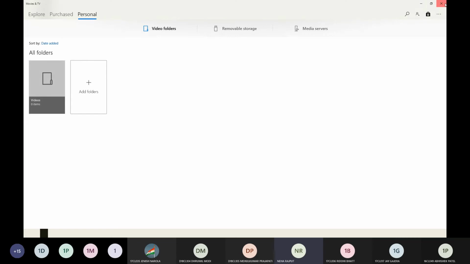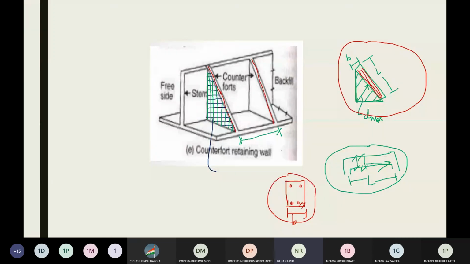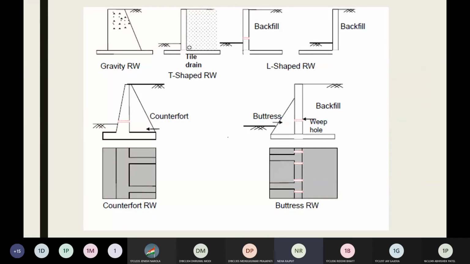So this is about this counterfold retaining wall basics. Like this way. If the counterfold is provided at the heel side, then that is known as counterfold retaining wall. And if the counterfold member like this, it is provided at the toe side, then that is known as buttress retaining wall. This is known as buttress retaining wall. Right.